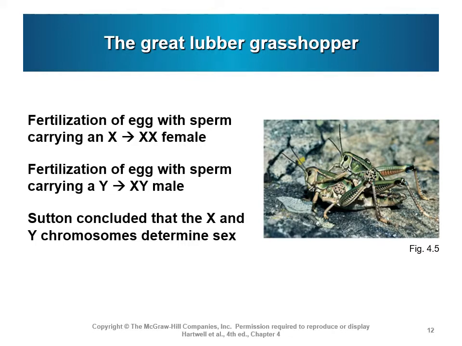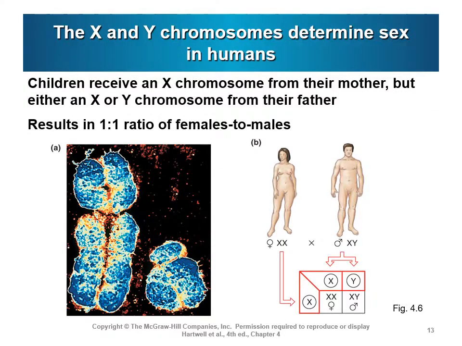Sutton concluded that X and Y chromosomes determine sex. Children receive an X chromosome from their mother and either an X or Y chromosome from their father, which is going to determine the sex of the child. Results are always in a 1-to-1 ratio of females to males.